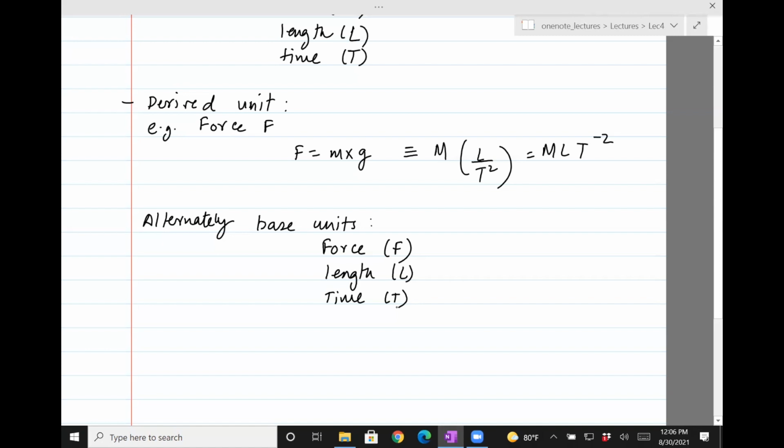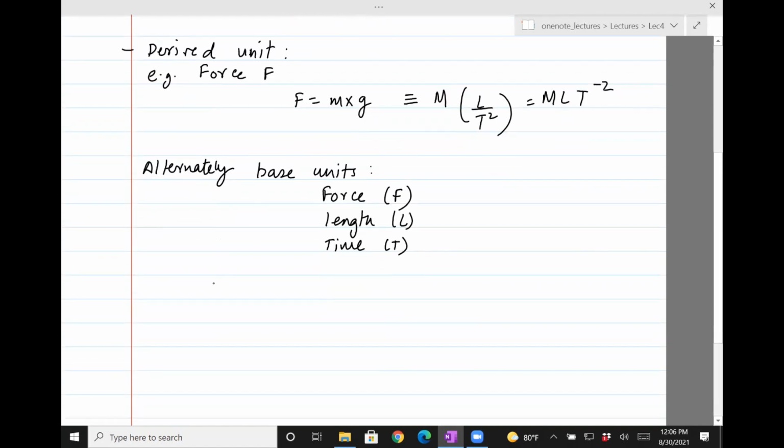It can be derived in terms of these units. We know that mass is force divided by gravity. In this case, force is F, and gravity is length per time squared. So we have F L inverse T squared. Those are the derived units for mass.